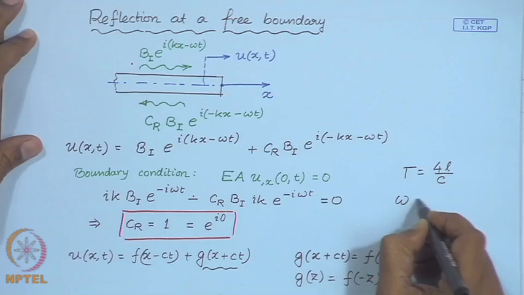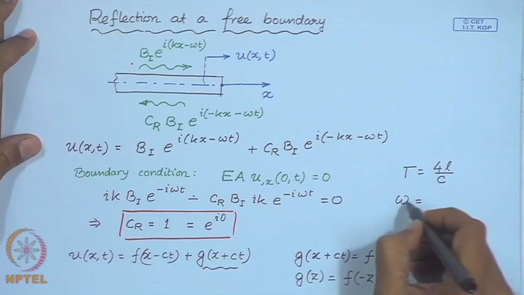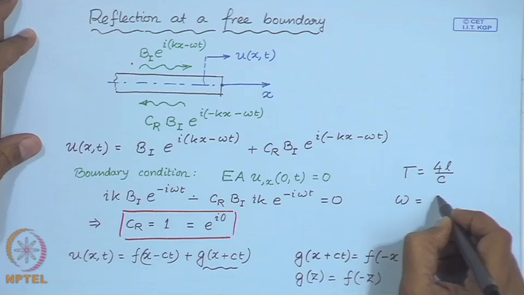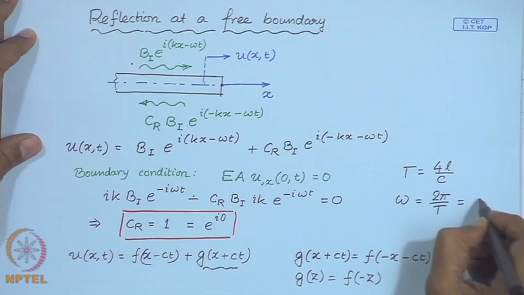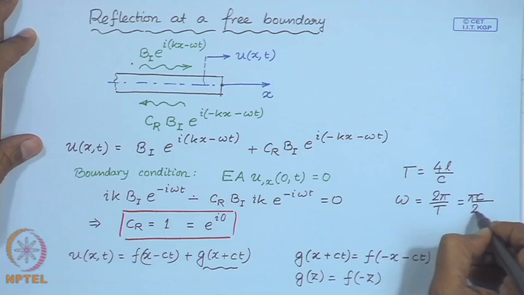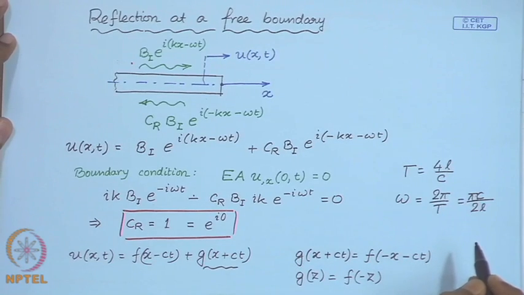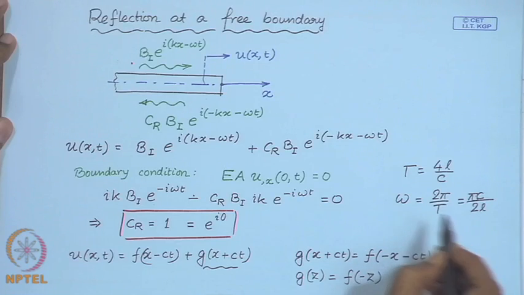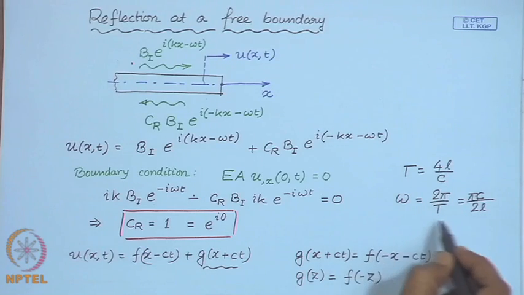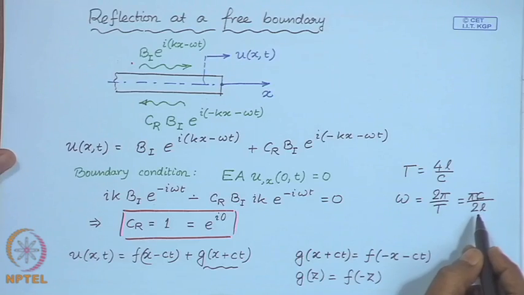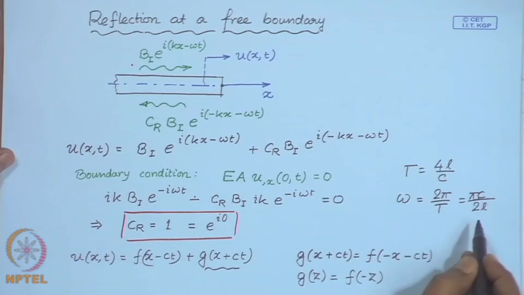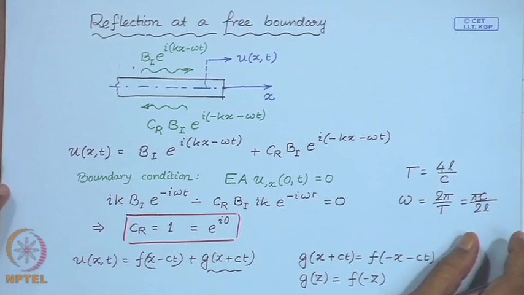Which means that the circular frequency is 2 pi over the time period, which gives us pi c over 2L, and this is nothing but the fundamental circular frequency of a fixed free string or a fixed free bar.